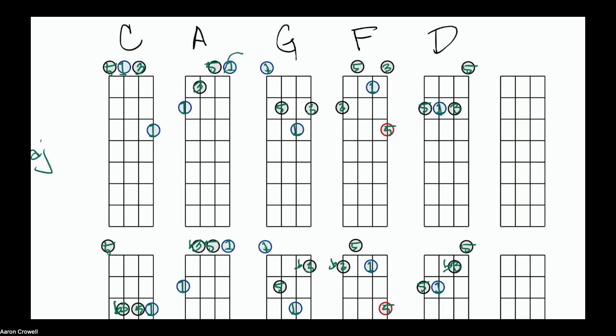A has roots on the 1st string and the 4th string. G has roots on the 4th string and the 2nd string. F has its root on the 2nd string, and D has its root on the 3rd string. Okay, and I'm going to tell you why this is important.